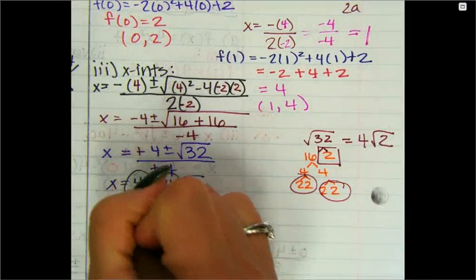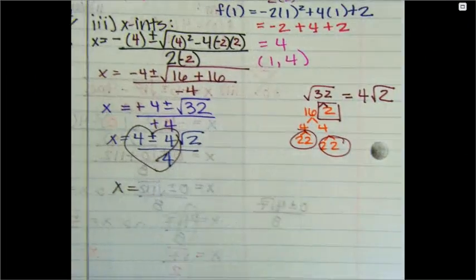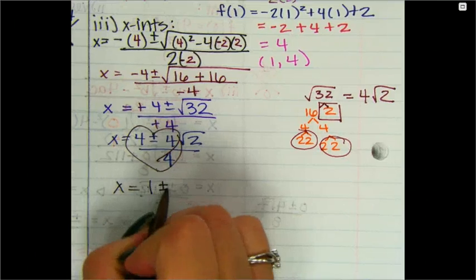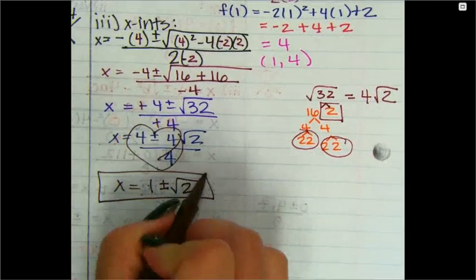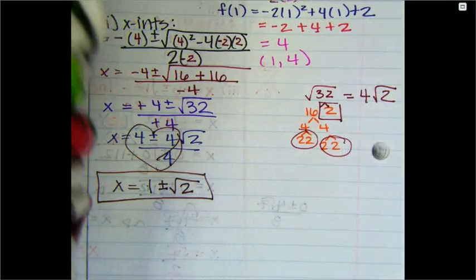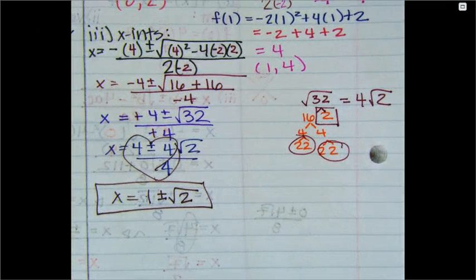So we get x equals 1 plus or minus 1 radical 2 over 1. How many answers are you going to break up? 2. What are your 2 answers? 1 plus square root of 2, and then 1 minus the square root of 2.